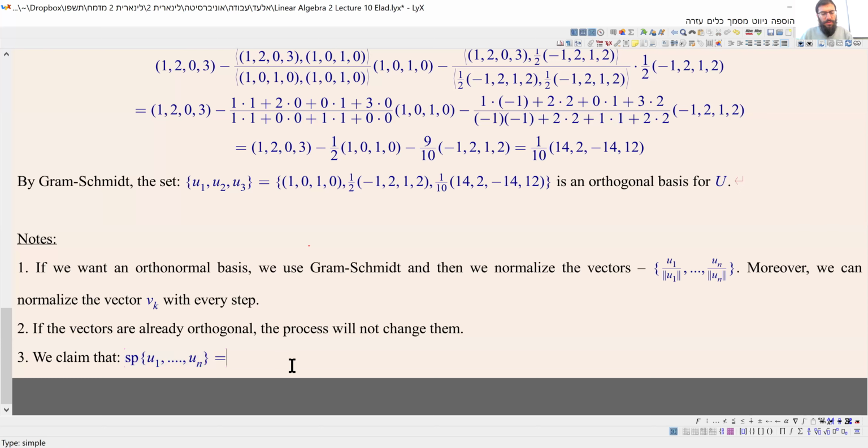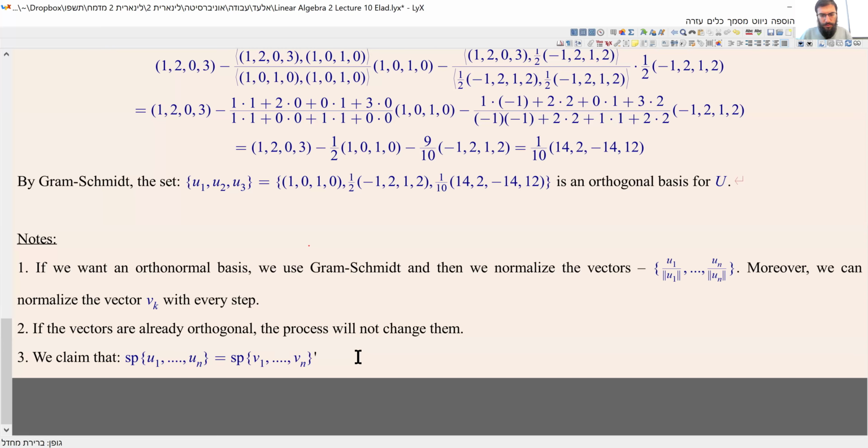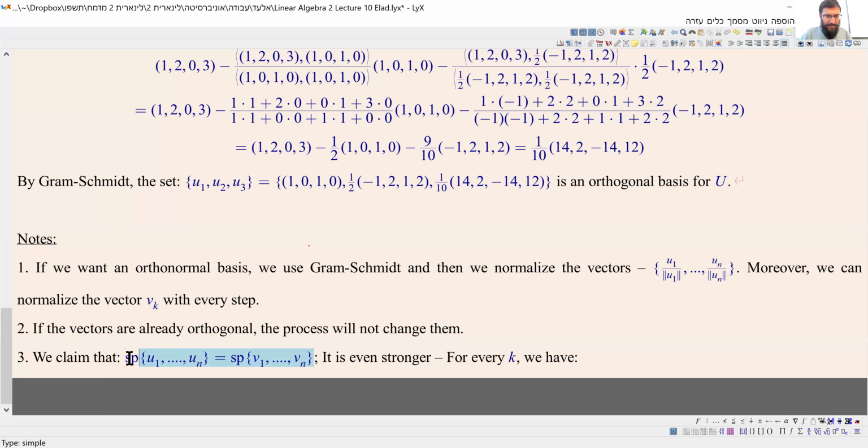But using our process, we get something even stronger. This is the claim I want to prove, but moreover, it is even stronger than that. For every k, the space spanned by the k new vectors is the same as the space spanned by the k old ones.